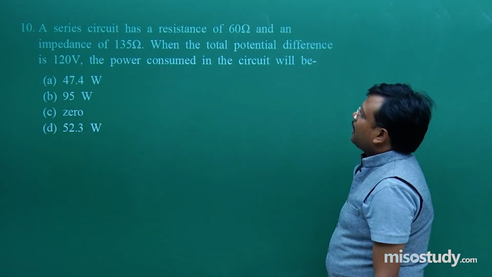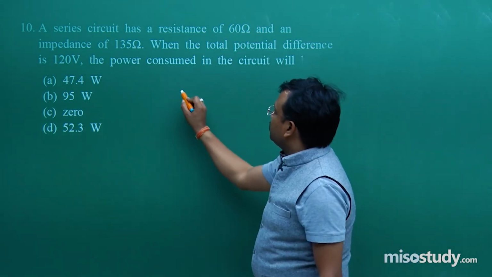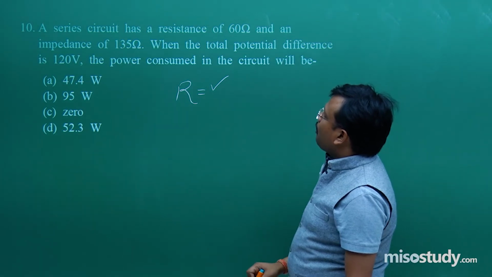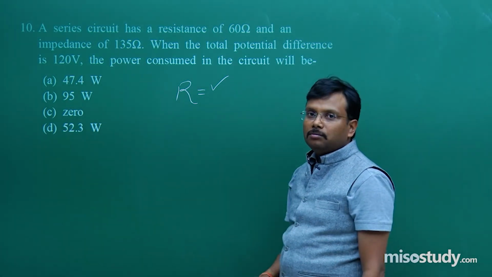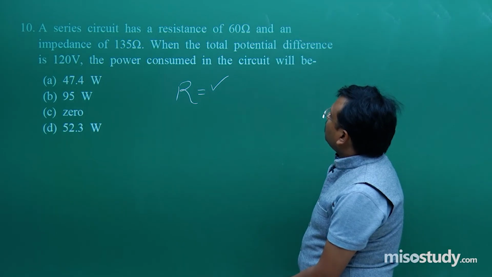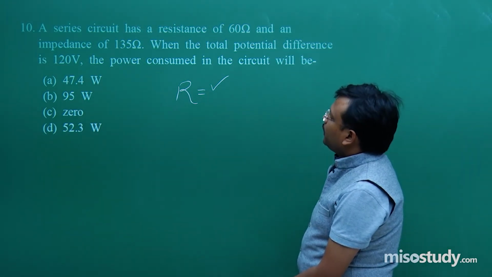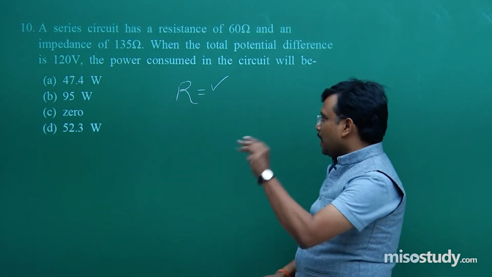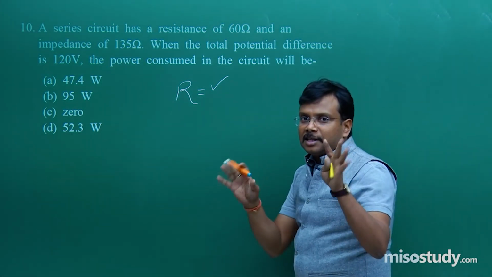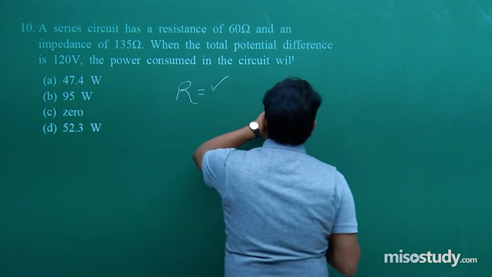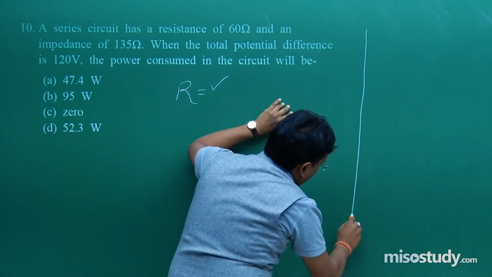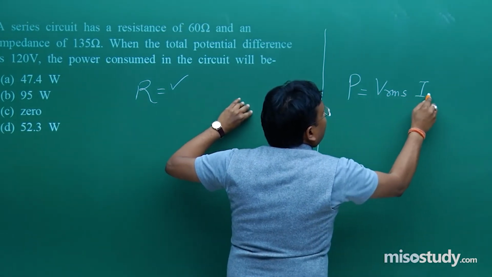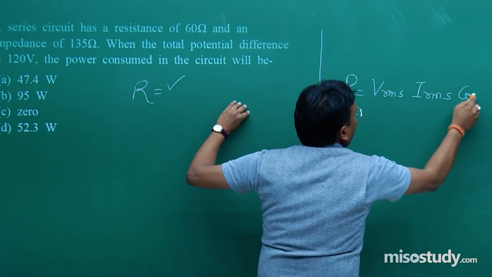A series circuit has a resistance R of 60 ohm and an impedance Z of 135 ohm. When the total potential difference is 120 volt, the power consumed in the circuit is how much? Now I will not suggest anything, I will not say anything. What I will do is simply say that P is equal to VRMS IRMS cos phi.